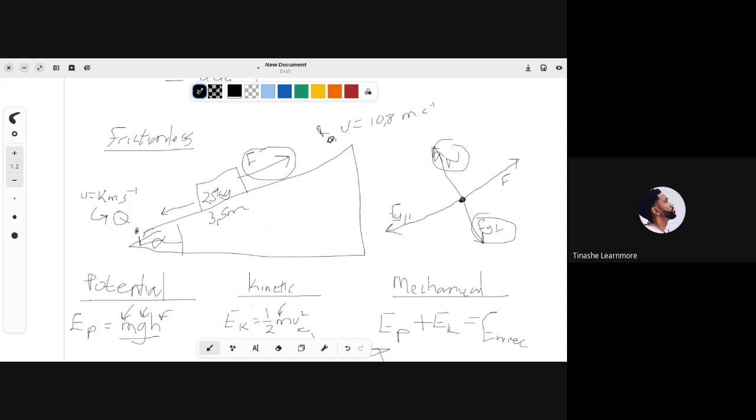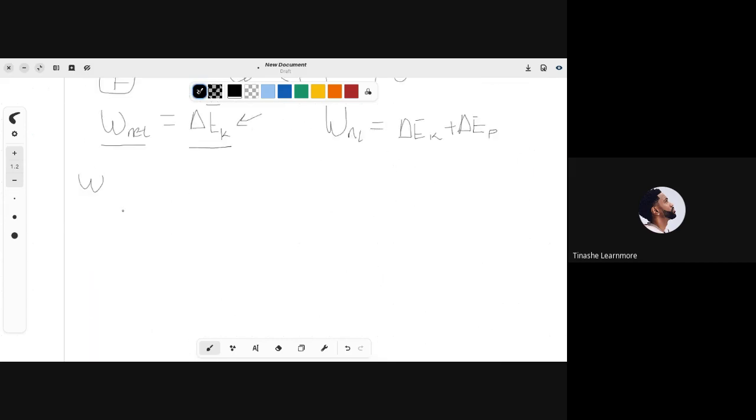So we're only looking at these two: the work done by the applied force and the work done by FG parallel, and this is equal to the change in kinetic energy. This is actually a very interesting question.